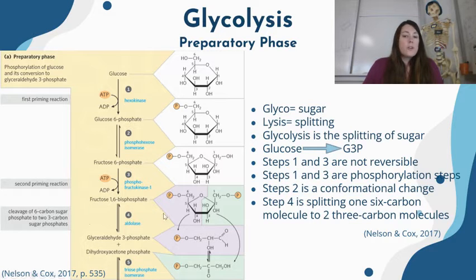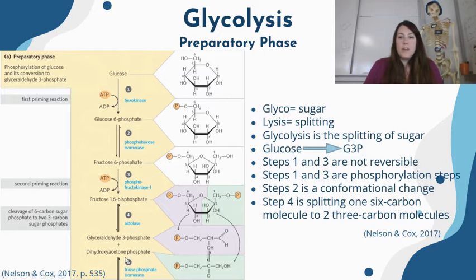Now, step 4 uses the enzyme aldolase to split the 6-carbon fructose 1,6-biphosphate into two 3-carbon molecules, which are glyceraldehyde 3-phosphate, G3P, and dihydroxyacetone phosphate. I will discuss aldolase in further detail later in this presentation.